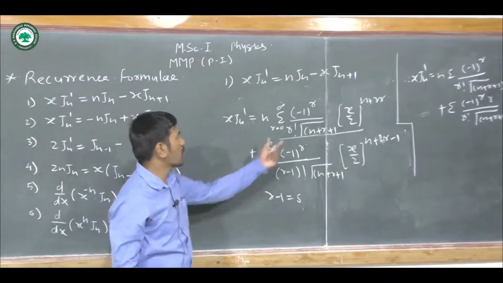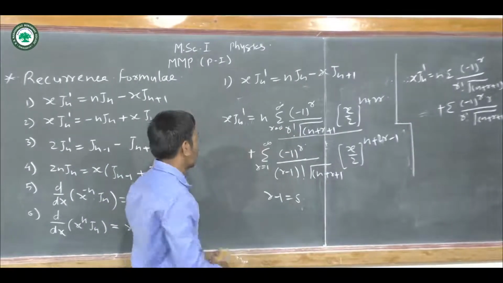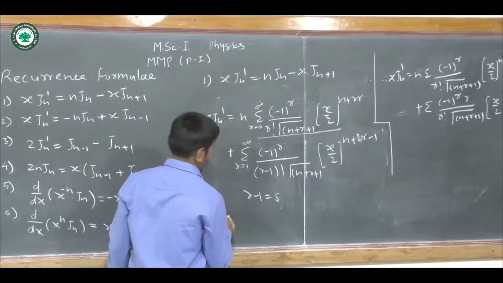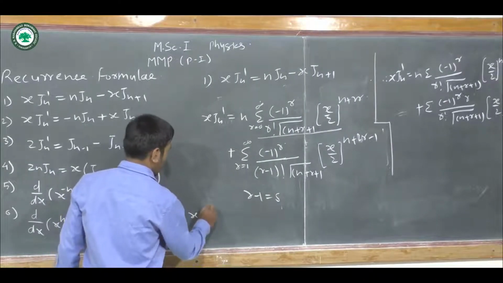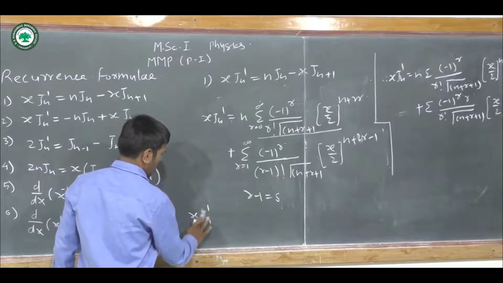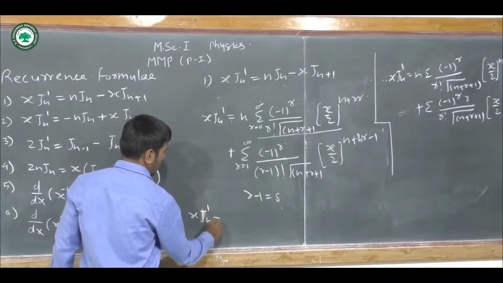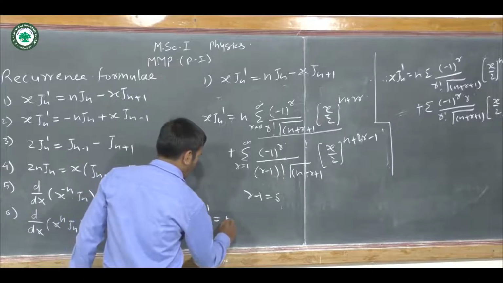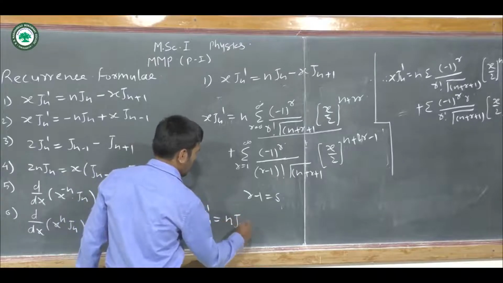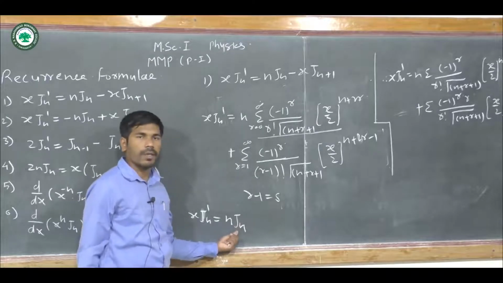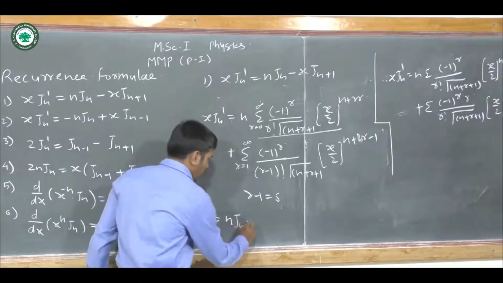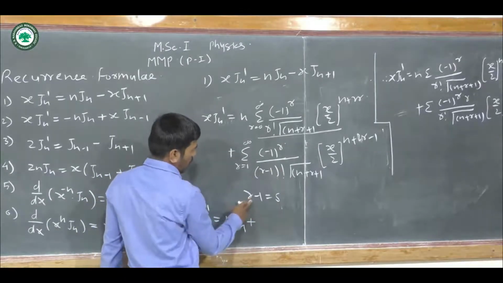This is the expression for Jn. So we can write x Jn prime is equal to n into Jn, plus the second term.